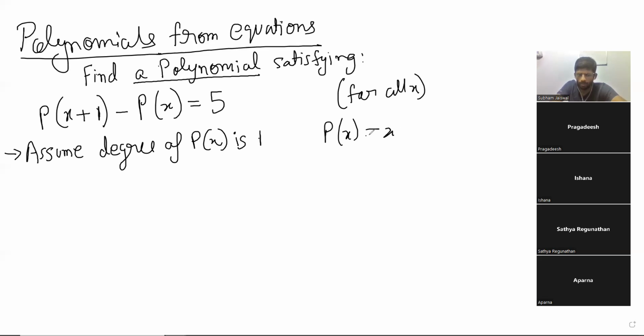Please check everybody, is this correct? So P of x plus 1 is just you put x plus 1 in place of x, so it comes x plus 1 plus 4, so it's just x plus 5. Does it work? No. This doesn't work, but something similar will work.